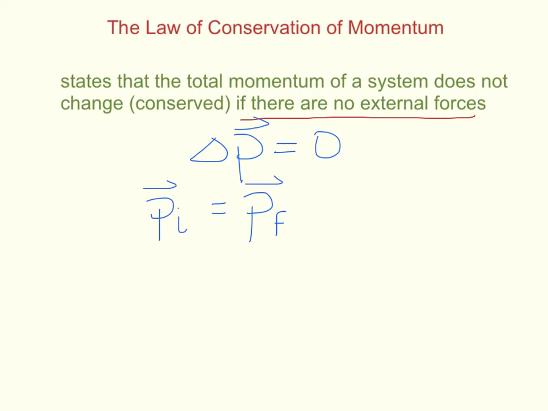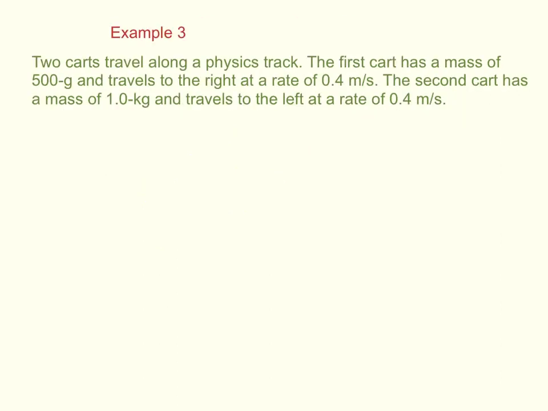We're going to apply this real quick in this slide. Last example. So let's say we have two carts traveling on a physics track. It's like the tracks that we have in class. One of them is traveling to the right, and one of them is traveling to the left. I've given you their respective masses.